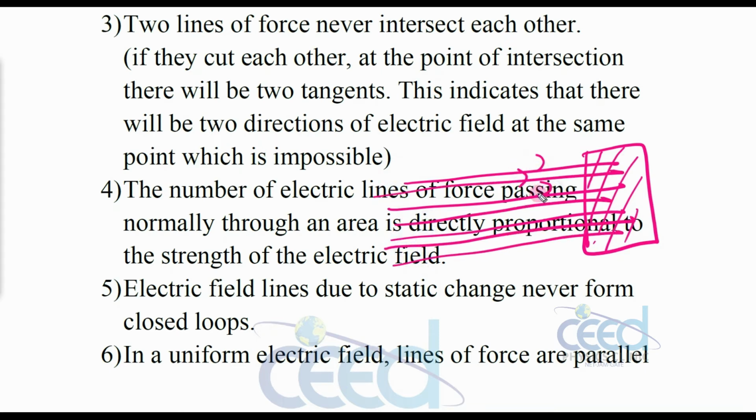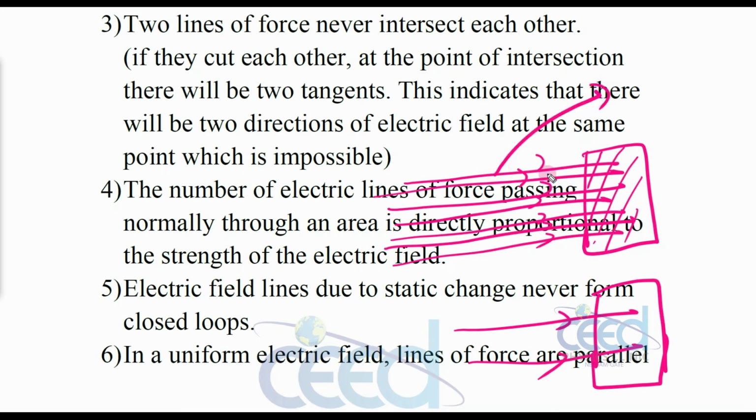These are the field lines passing normally through this area that represent the strength of the field. If you choose the same area in another place where more field lines pass through it, then you can say the strength of the field is high there because the number of field lines is high.